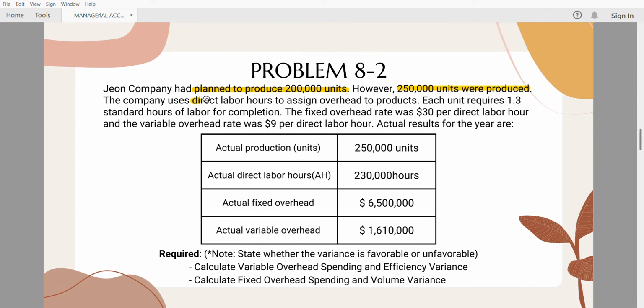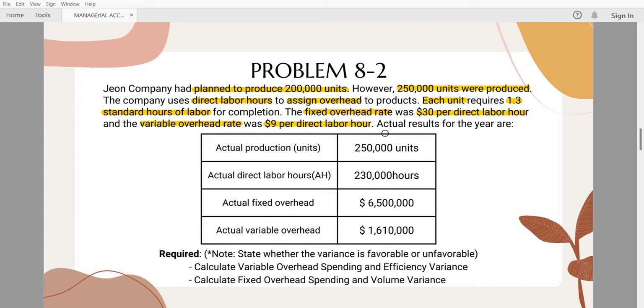The company uses direct labor hours to assign overhead to products, and each unit requires 1.3 standard hours of labor for completion. The fixed overhead rate was $30 per direct labor hour, and the variable overhead rate was $9 per direct labor hour.